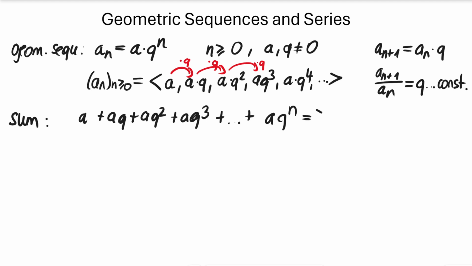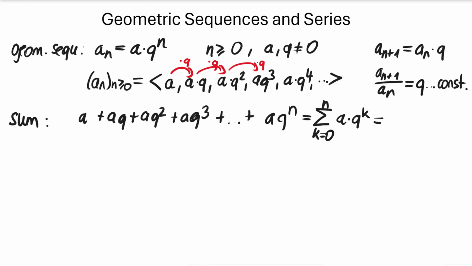What does it mean? In short notation, you sum from 0, because here it's q power 0, which is actually 1, up to n. So we have n plus 1 summands, because you start counting at 0. A times q power k.